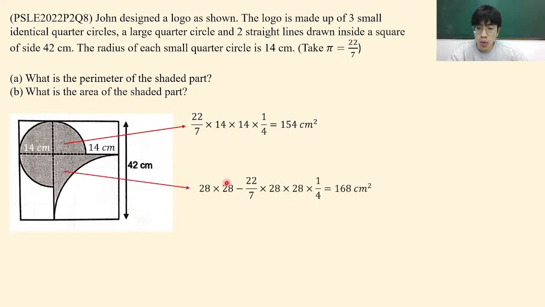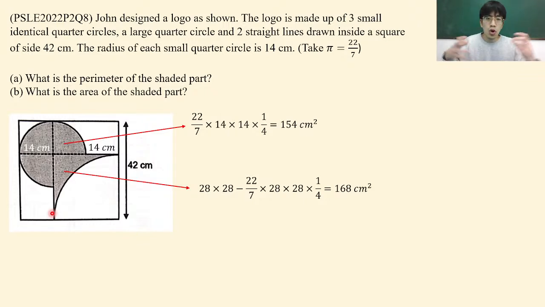So to do that, we first find the area of this square, which is 28 times 28, minus the area of this quarter circle, which is pi times r squared divided by 4, because quarter circle. To get the area of this shaded part, it is actually 168. Now that helps us find the area of this weird looking shape that kind of looks like a slope.